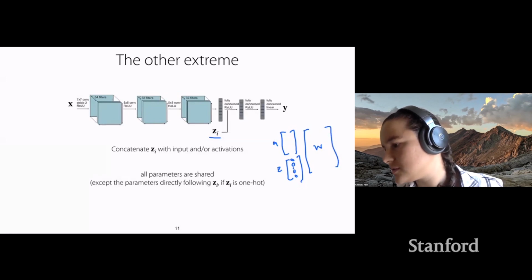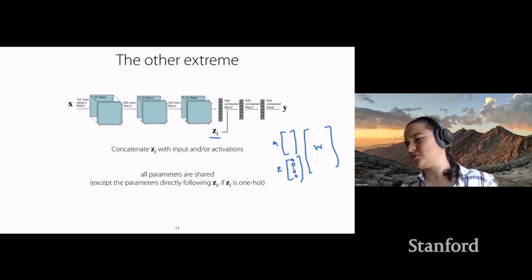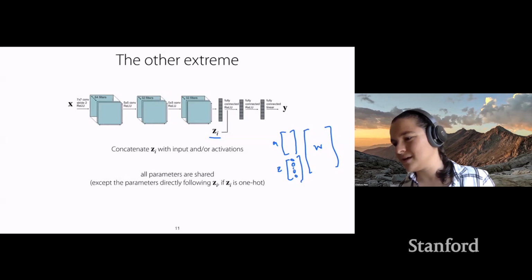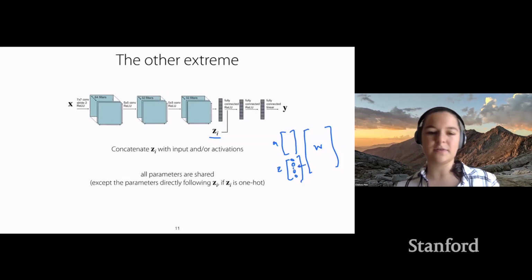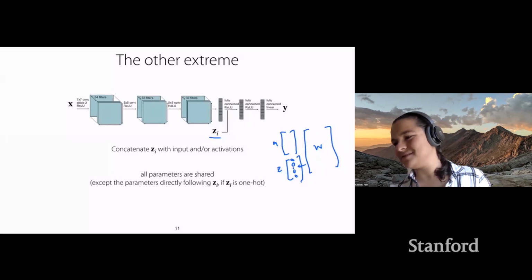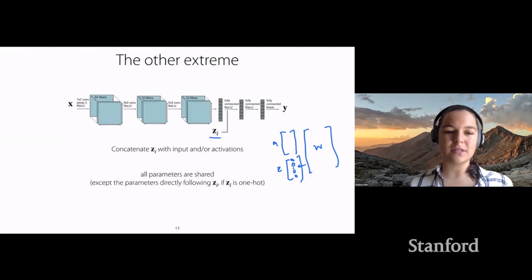Half of the matrix W will contain either rows or columns, depending on how you put it, with task-specific parameters, because each of the parameters that are multiplied by this index will be specific to that task. But other than half of this W matrix, everything else in the network will have shared parameters.